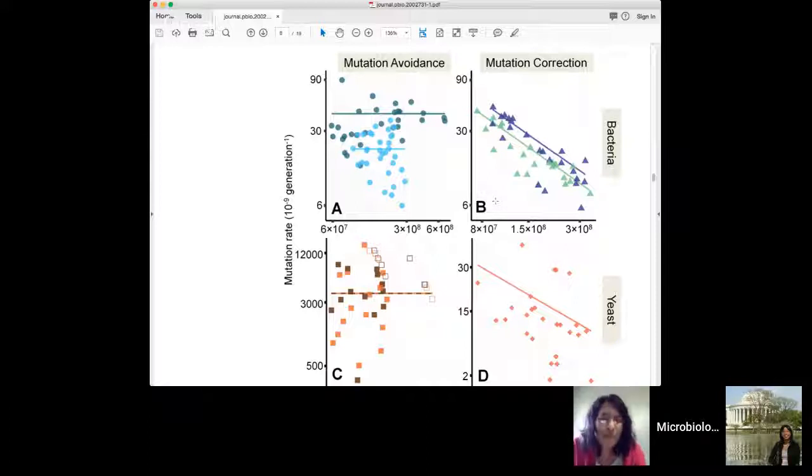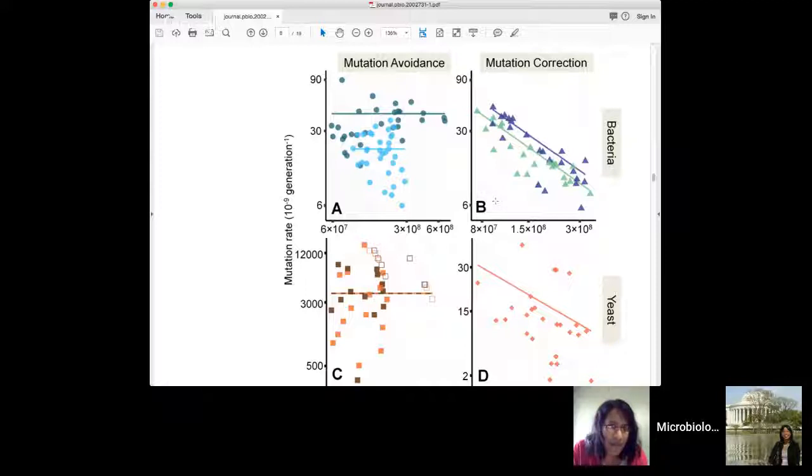So the mutation rate is always the same all the time in any population density, does not matter. I mean, that's obviously not true because we've got points going around all over the place, but the trend line is basically showing you we don't really have this population density variation affecting mutation rate variation.